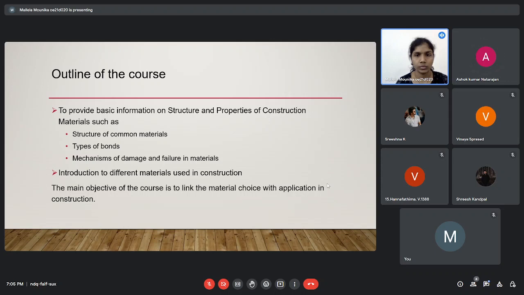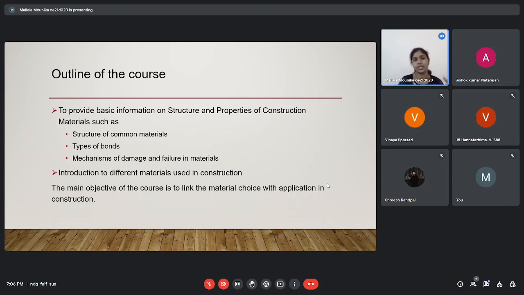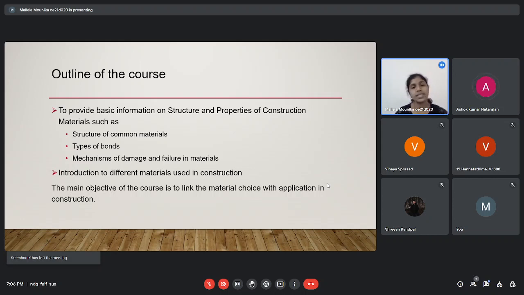Either you want to construct it with concrete, steel, or some other material. So for the choice of the material, you should be able to apply it in the construction scenario. That is the final objective of the course.